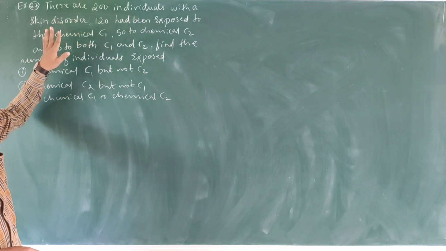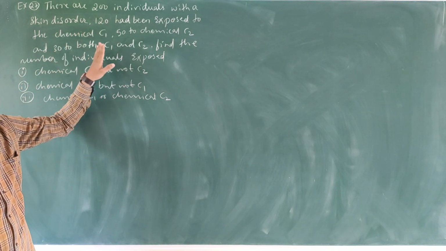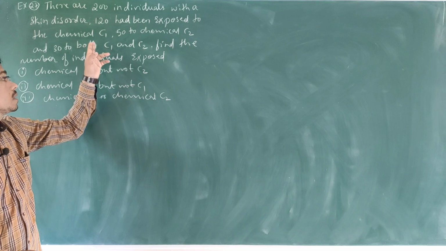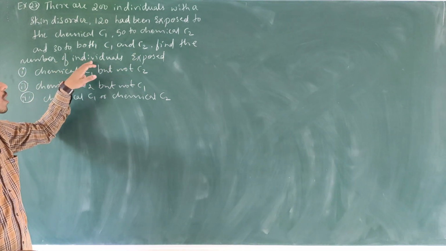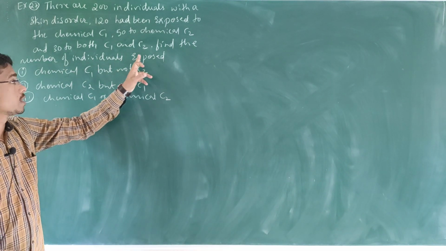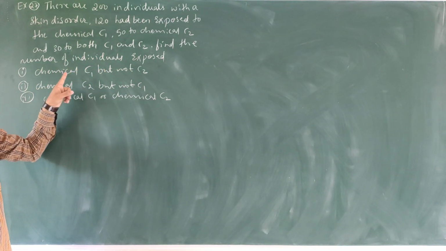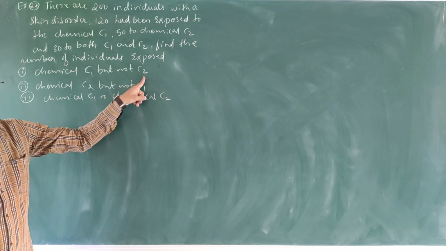Among the 200 members, 30 exposed to both, that is from chemical C1 and chemical C2. Find the number of individuals exposed. So first one is chemical C1 but not C2.